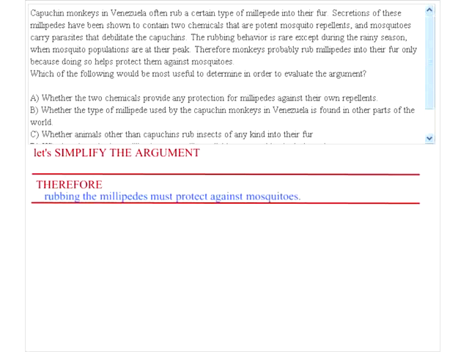The evidence on which this is based is they only rub the mosquitoes in the winter, in the rainy season. And also there are lots of mosquitoes in the rainy season.